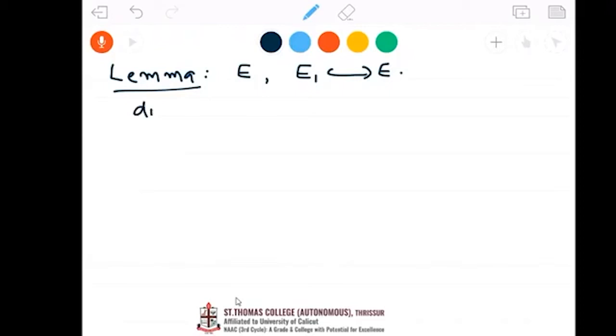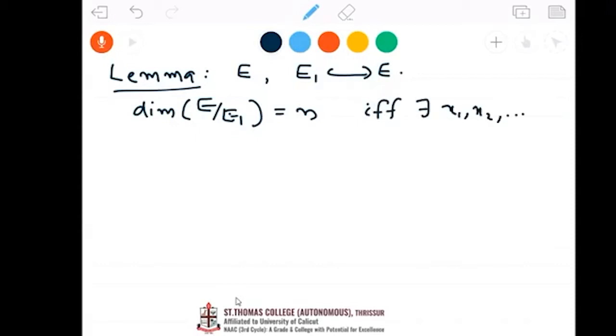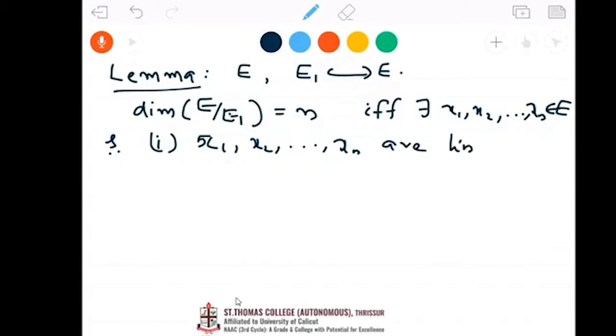The dimension of the quotient space E over E1 is equal to n if and only if there exist vectors x1, x2, etc., xn in E such that x1, x2, etc., xn are linearly independent relative to E1.